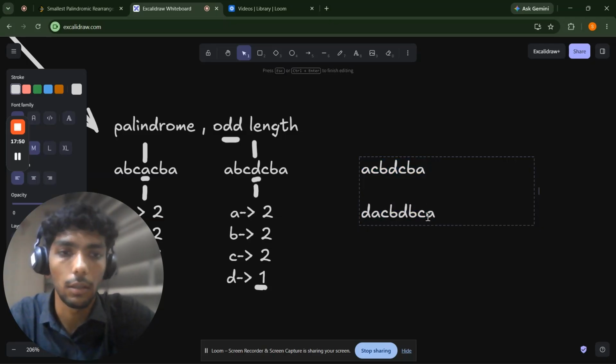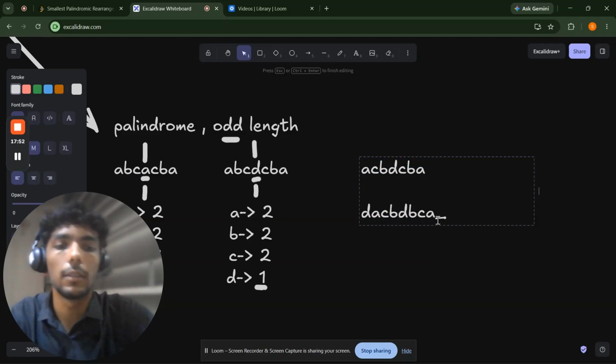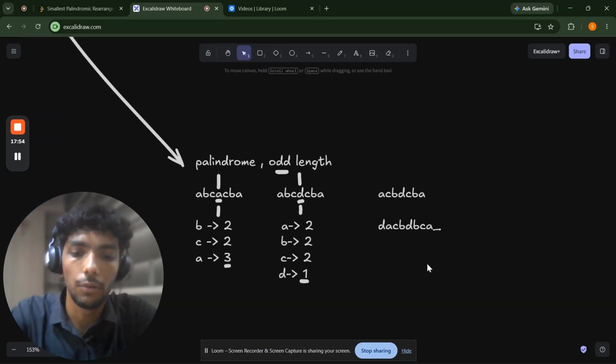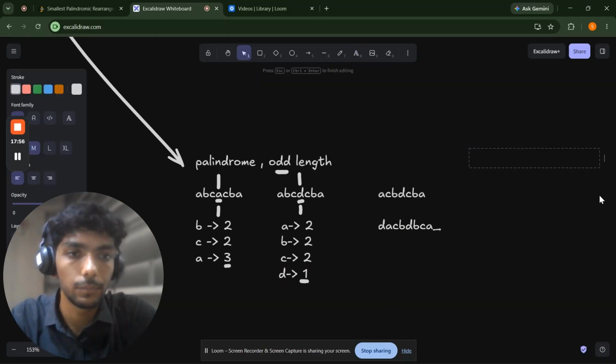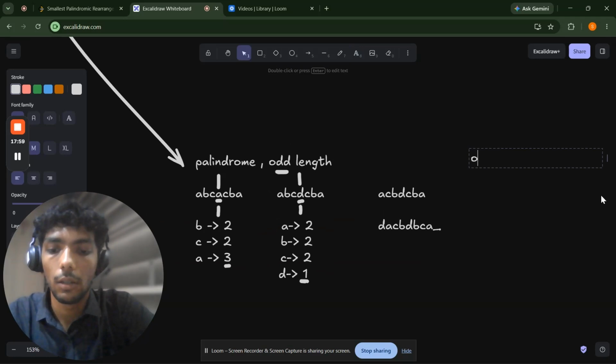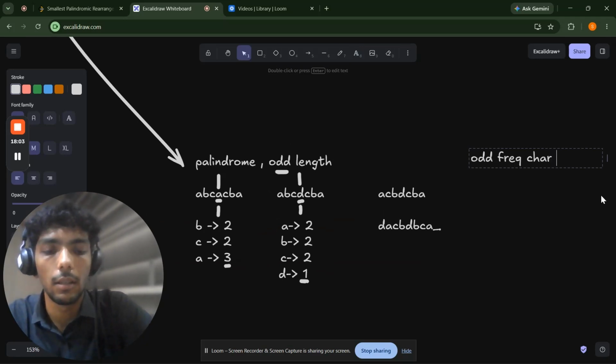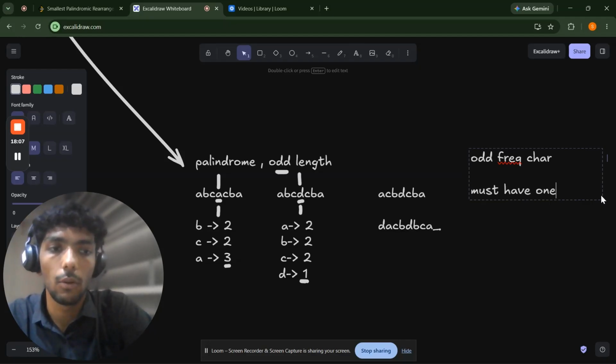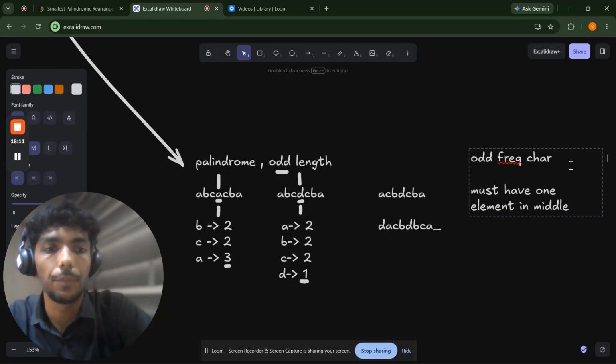So we make one more conclusion: an odd frequency character must have one element in the middle.